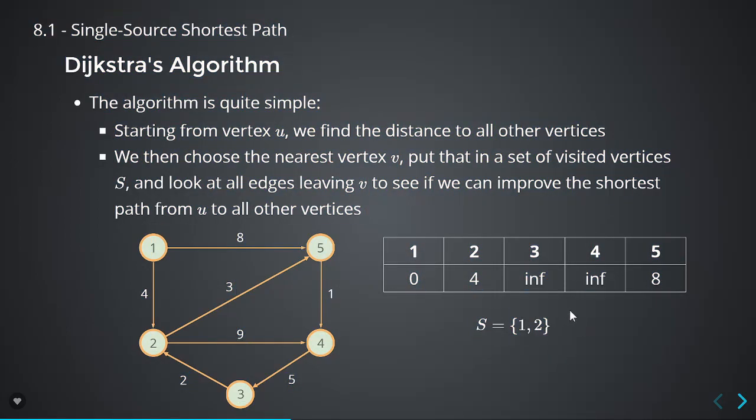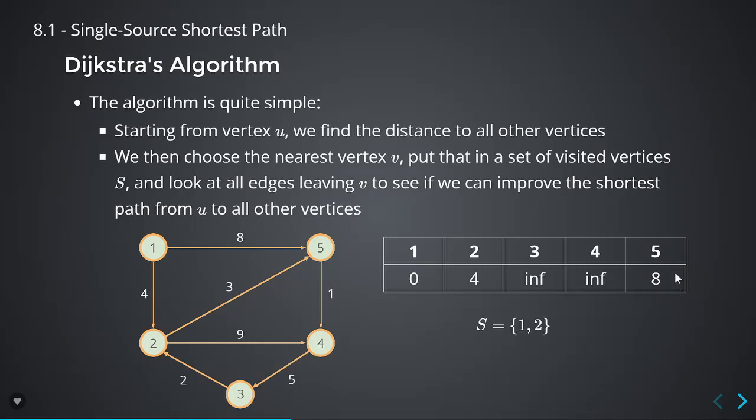Now, what I'm going to do is look at all the edges leaving 2 to see if I can improve the shortest path from 1 to all the other vertices. Here I can see that I can go from 2 to 5 at a cost of 3. It costs me 8 so far to go from 1 to 5, but if I go to 2, it will cost me 4, and then from 2 to 5, it will cost me 3.